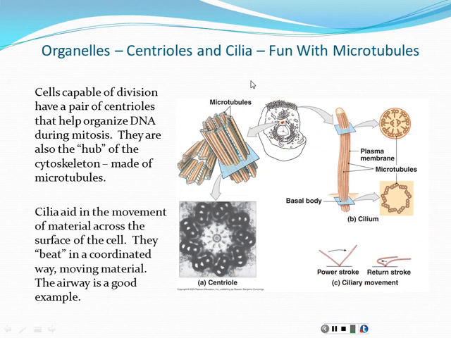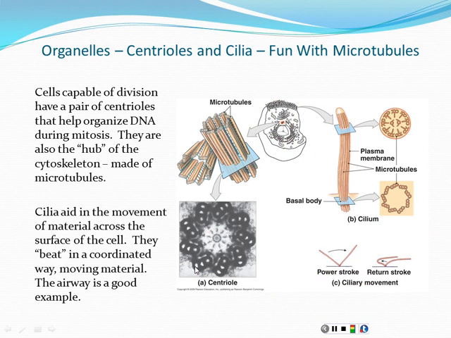The cytoskeleton, one of the key parts of it is called the centriole. In many ways, the centriole is the kind of center of the cell's skeleton. And it's important because in cells that divide, it's the centriole that really guides that division, turning one big cell into two identical smaller cells.